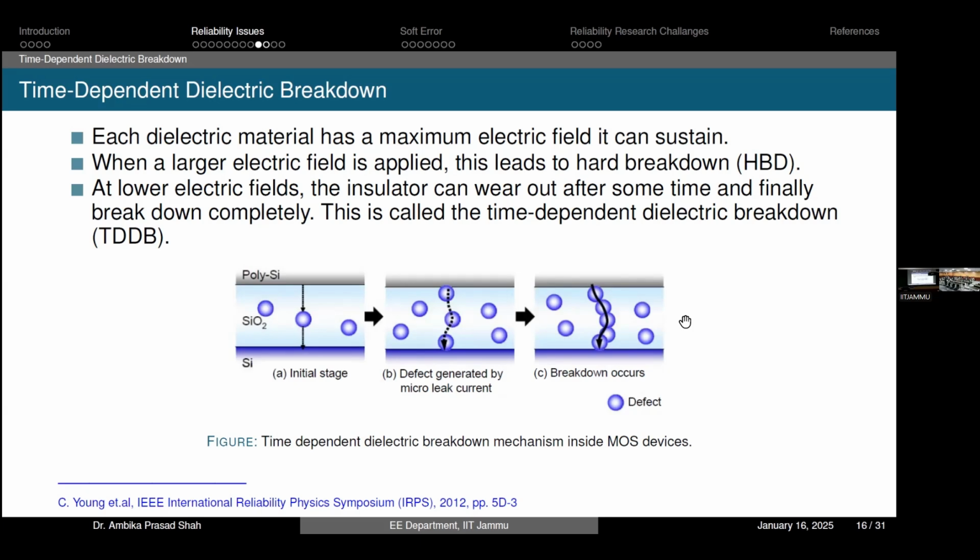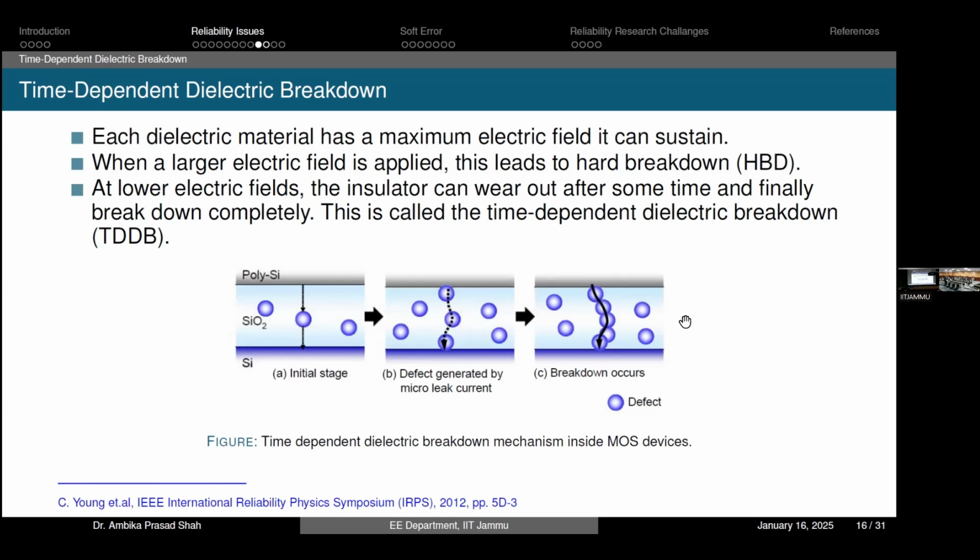If there are more defects, they can create a leaky path between the polysilicon and the silicon, so current will start flowing, and it will lose its dielectric property. These defects are generated with respect to time, and more generation will happen if you keep on operating for longer. So this TDDB is one kind of defect that happens in the oxide.